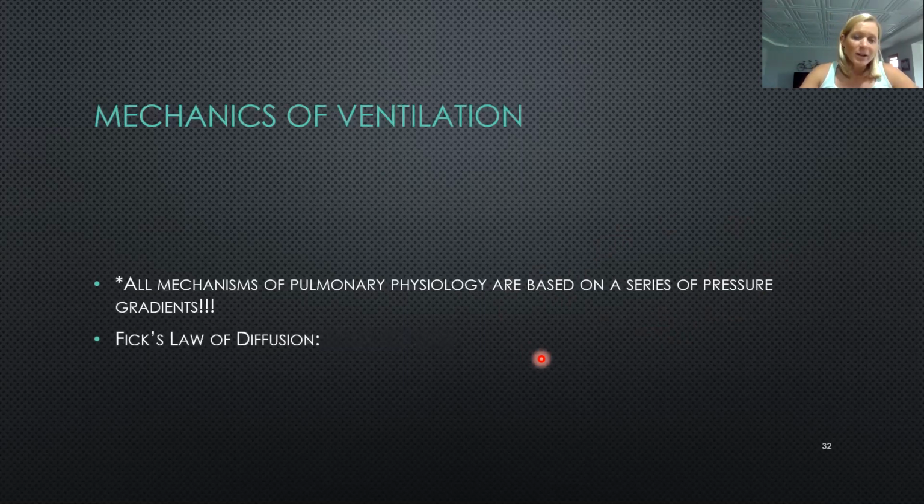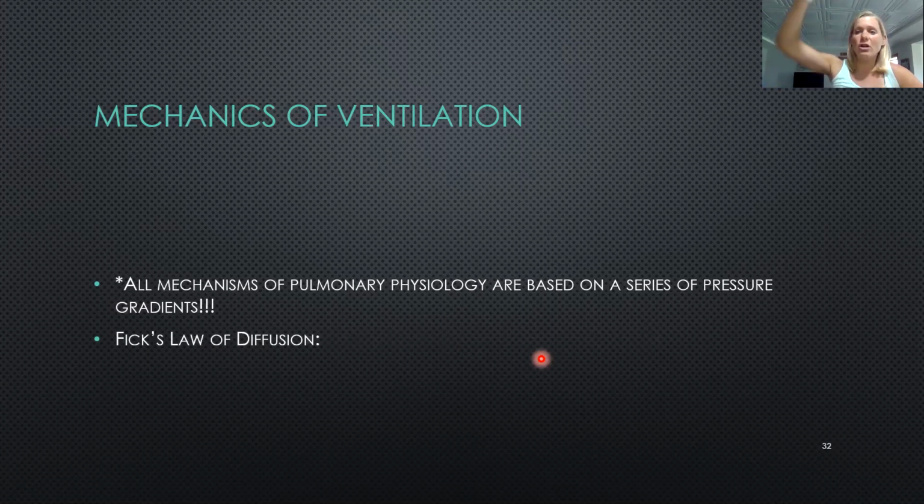Okay, so let's talk about ventilation and how we get to bring air in. I think this is super interesting. All mechanisms of pulmonary physiology are based on a series of pressure gradients. In order for gases to move, they're going to move down a pressure gradient. Okay, so Fick's law of diffusion is that movement of air is based on pressure gradients.